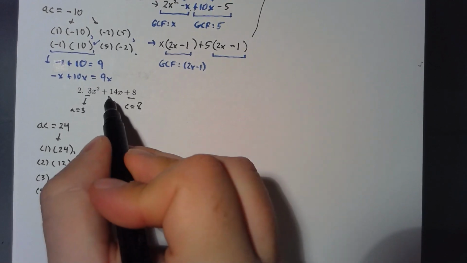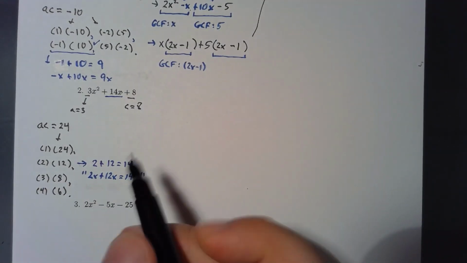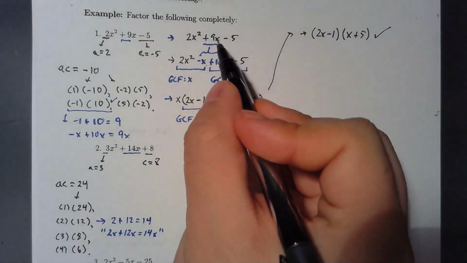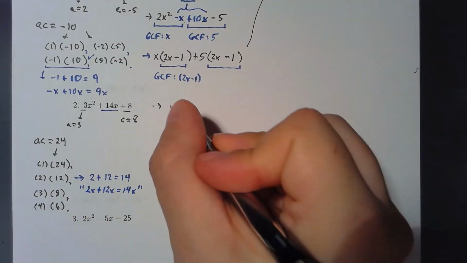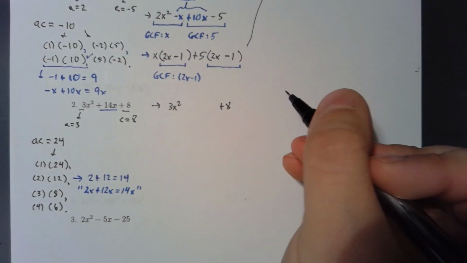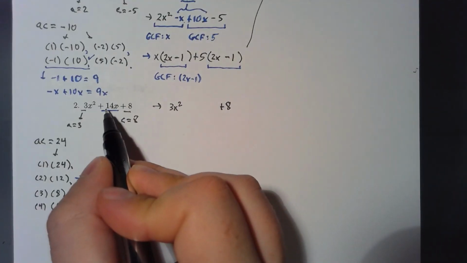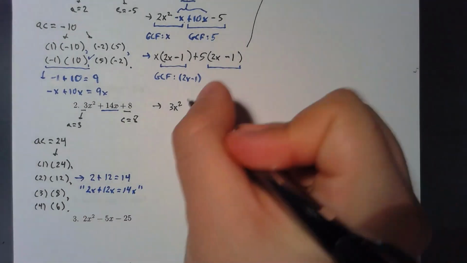So I could rewrite this term as 2x plus 12x. Like what I did up here, I rewrote the 9x as negative x plus 10x. So now I have the 3x squared out front, I have the plus 8 at the end. So instead of writing 14x, I could write 2x plus 12x.